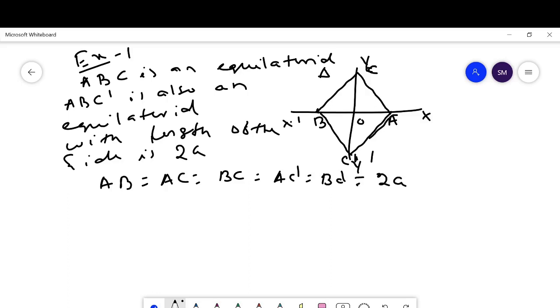This means O is the origin, hence OA is equal to a, OB is equal to a.